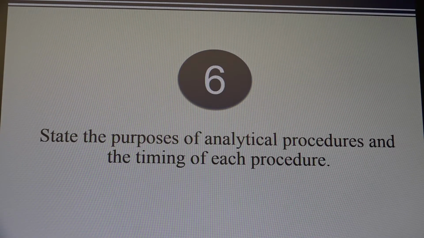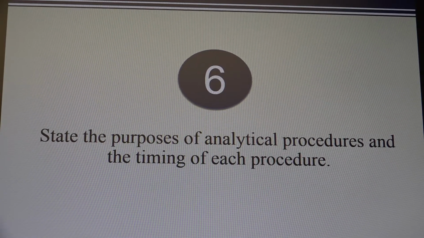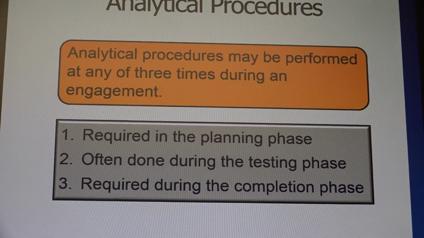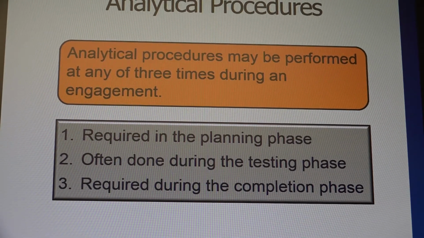Now the next thing they talk about is the purposes of analytical procedures and the timing of each procedure. And so they can be performed at any of the three times during an engagement. But at 2 of those 3 times, analytical procedures are required.